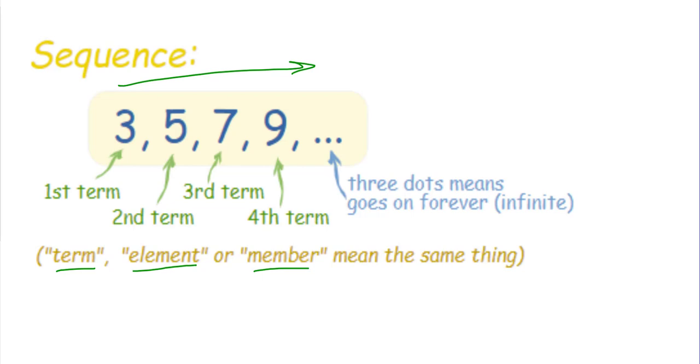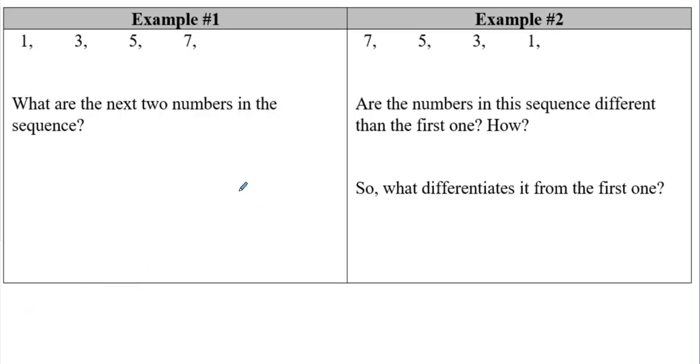All right, let's go ahead and check out example number 1. We have this sequence here. On your notes, go ahead and put the dot dot dot. I think I forgot to put those on there, so it would be good for us to have those. It asks us what are the next 2 numbers in this sequence. This is similar to that graphic in the previous slide. We want to know how we are getting from one term to the next. Well, it looks like 1 to 3 could be plus 2.